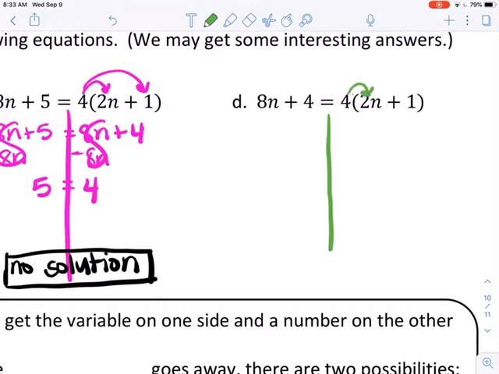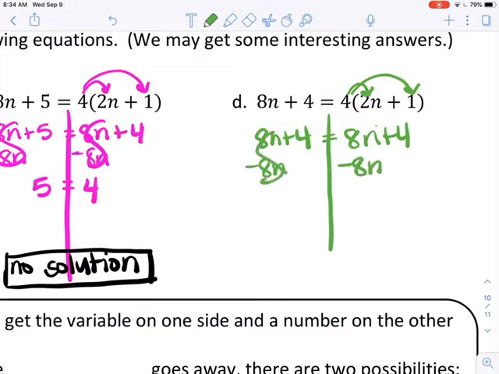I'll distribute, and then I get 8n plus 4 over here equals 8n plus 4 over here. Now you might have a guess as to what this is going to do, but when I subtract 8n from both sides, it cancels again, and I get 4 equals 4. When does 4 equal 4? Always. And when we say this, we could plug in any number into n, and it would work.